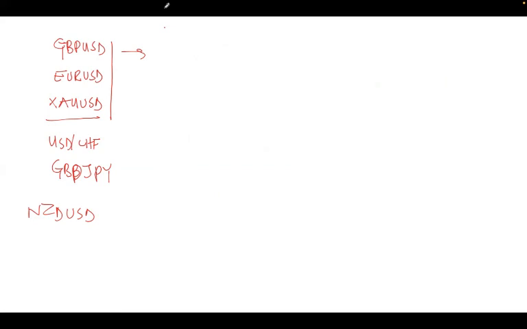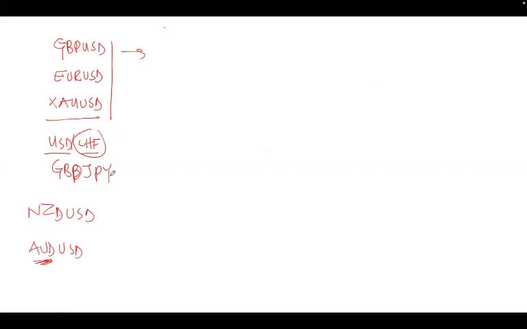Gold is not the name of a country, so gold is gold. Now we have this one, United States dollars. Now Swiss francs, this is for Switzerland. Now Great Britain pounds, Japanese yen, New Zealand dollars, right? USD dollars. We also have AUD and USD. Now this is Australian dollars.